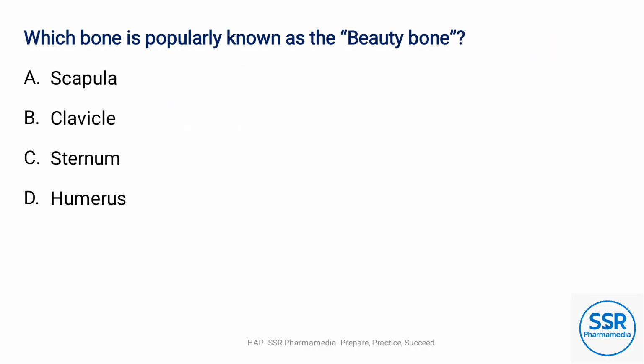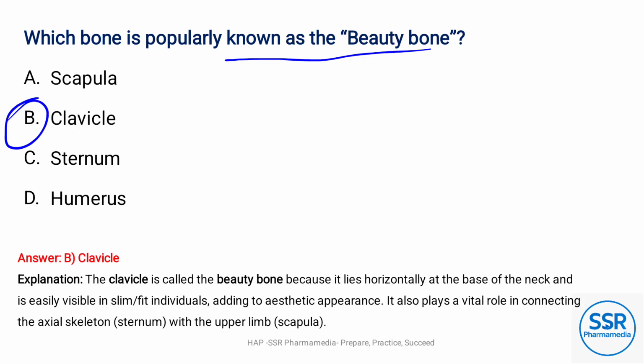Which bone is popularly known as the beauty bone? Option B, clavicle. The clavicle is called the beauty bone because it lies horizontally at the base of the neck and is easily visible in slim, fit individuals, adding to aesthetic appearance.